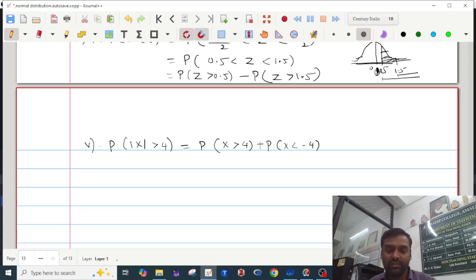Either you solve this by splitting, or you can directly make the adjustment here in this mod. Let's solve this firstly by splitting. Mod x greater than 4 means this one.